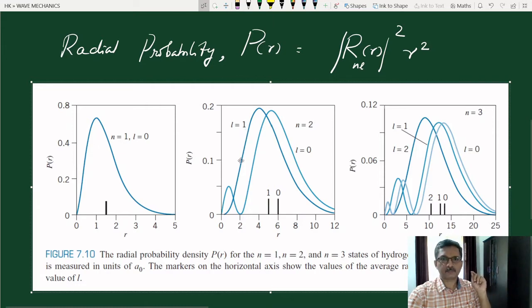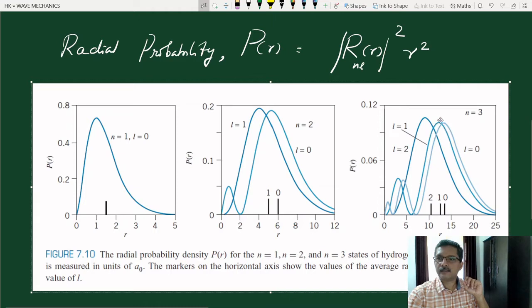And the right plot is for n equal to 3 state. l has three values, l equal to 0, 1, and 2. The lightest blue graph is the l equal to 0 graph, the radial probability for the 3s state.